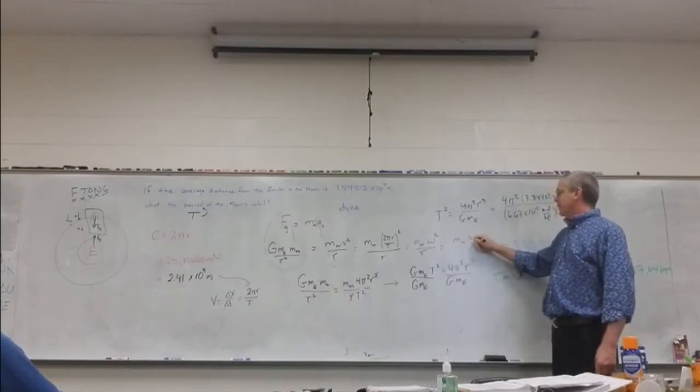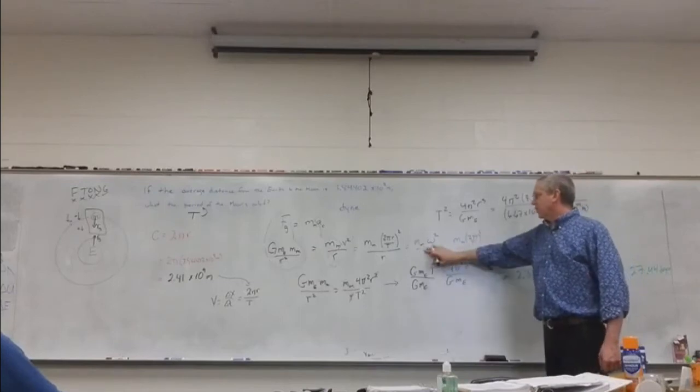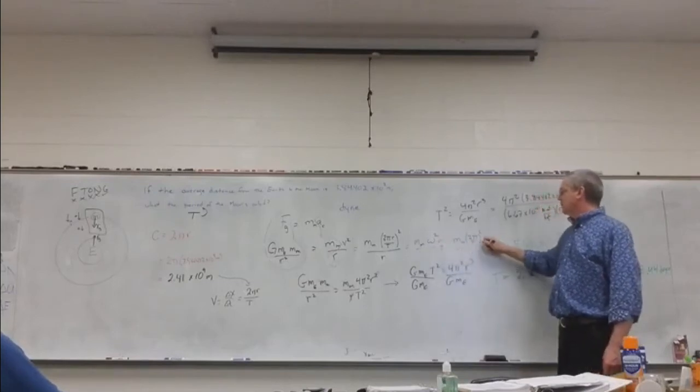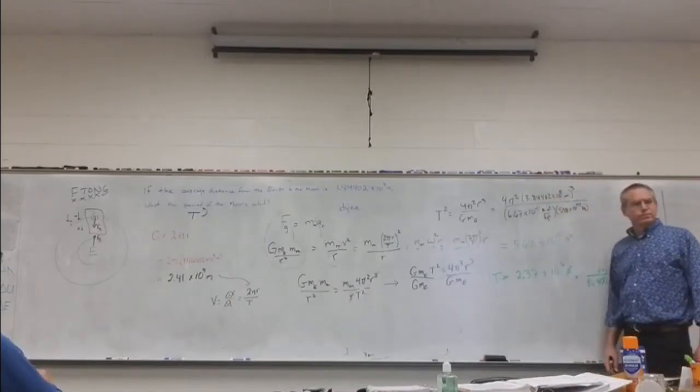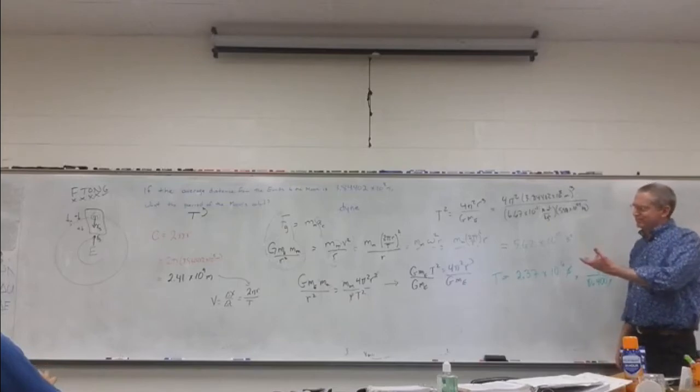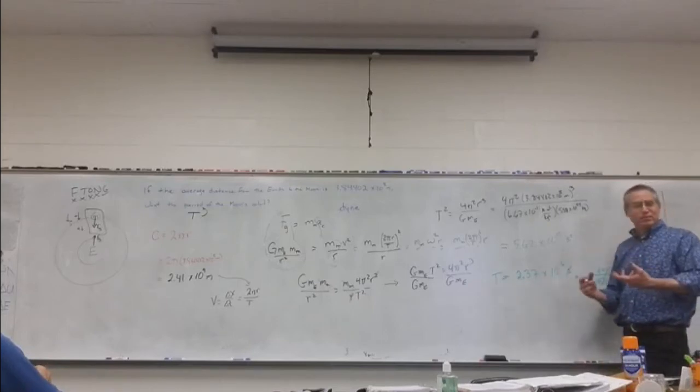Omega would be 2 pi over the period. Oh, it's not over r, it's omega squared r. Yeah, you could have gone that route too. Is that simpler? You're dealing with one less variable, but that variable canceled out anyway.